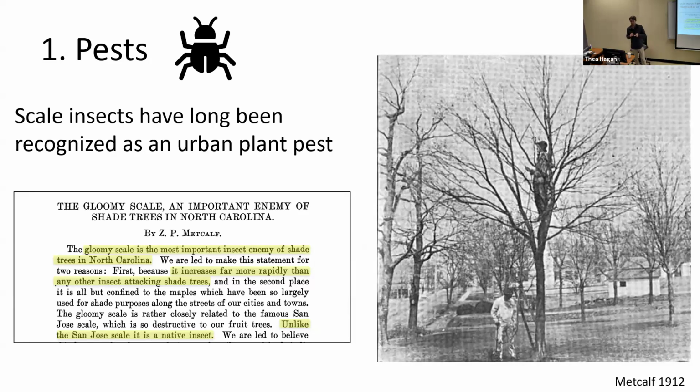So pests. I mentioned scale insects. Scale insects have long been recognized as an urban plant pest. I really love this photo in particular, from this old paper from 1912, which is documenting and making the case that scale insects are the number one problem on urban trees. Anybody have any ideas what's going on in this picture here?